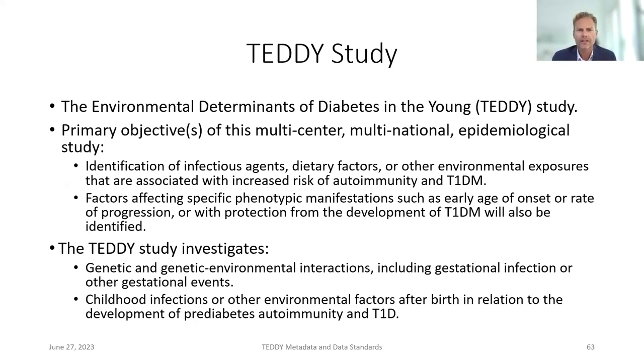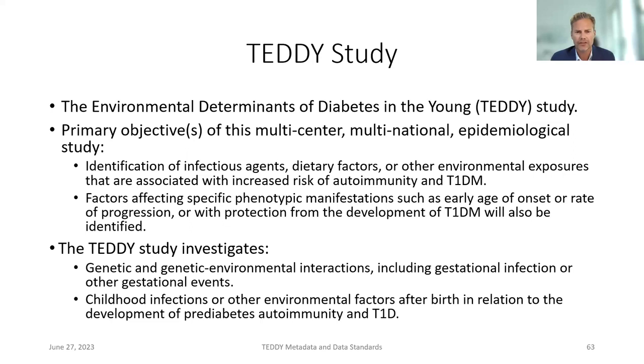So TEDDY is designed as a prospective cohort study of over 8,000 children enrolled before 4.5 months of age and followed for 15 years to identify genetic and environmental triggers of type 1 diabetes. The TEDDY cohort consists of children identified to be of increased genetic risk who either had a parent or sibling with type 1 diabetes, a first-degree relative, or not, the general population.